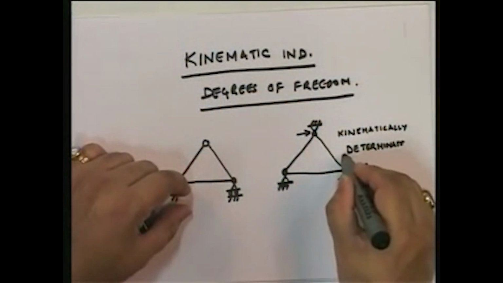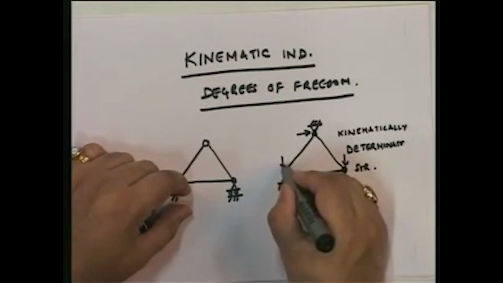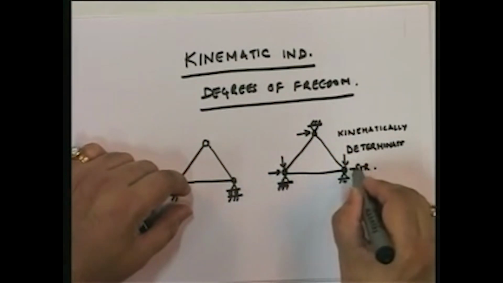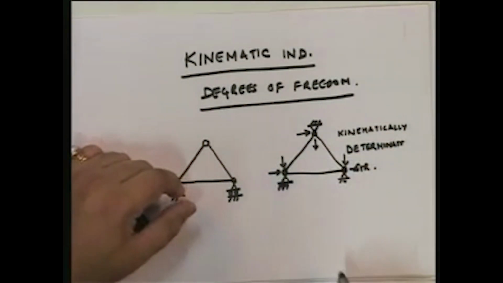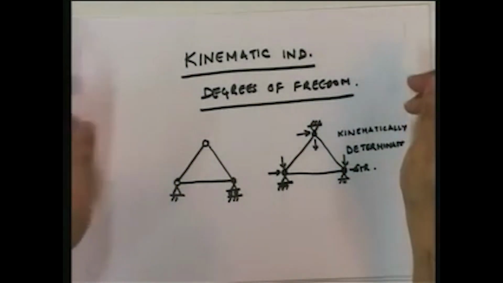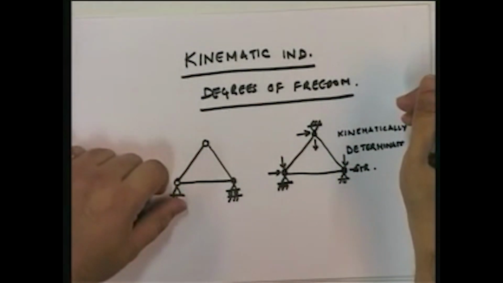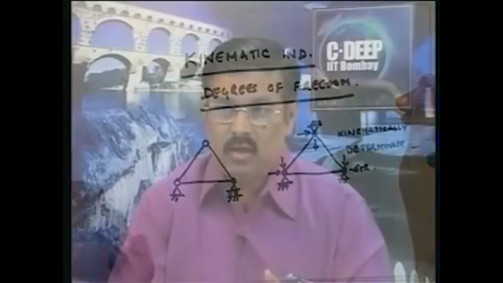Think about it. Let's put some loads on the structure. These are the possible loads on a truss structure, because remember, a truss structure can only be loaded at the joints. So I put all possible loads that this structure can be subjected to.